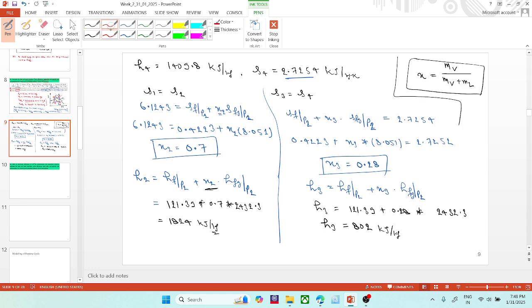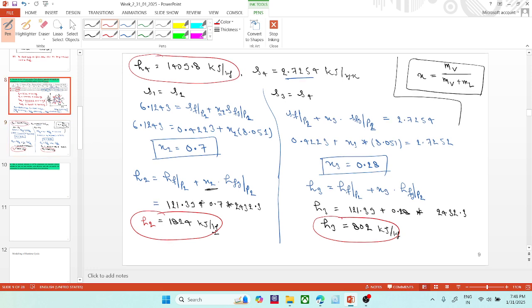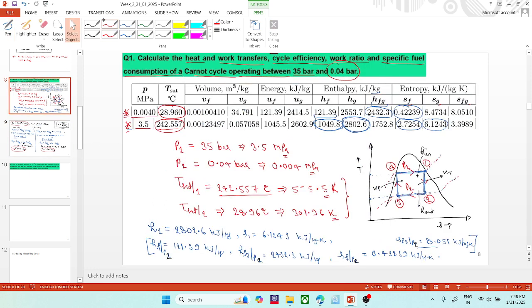So as of now, we got all the values H2, H3, H4, and H1 value was here. Let me write all the values here.